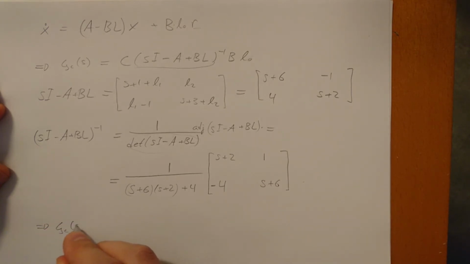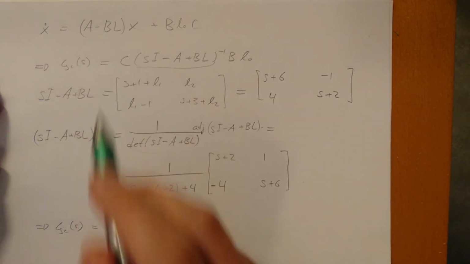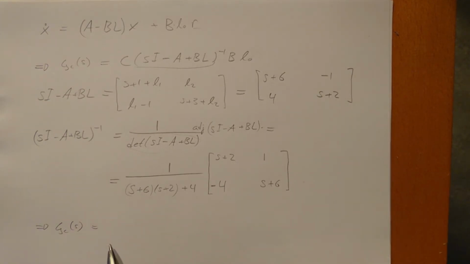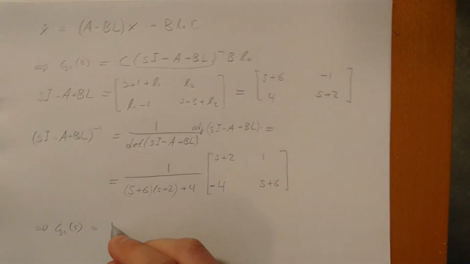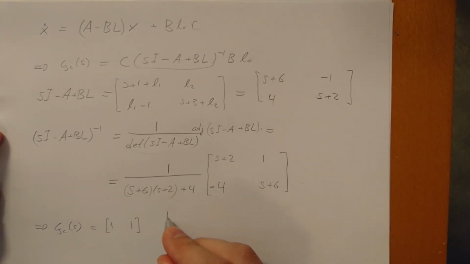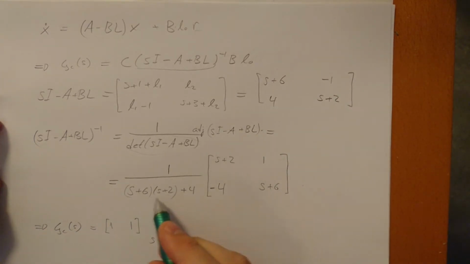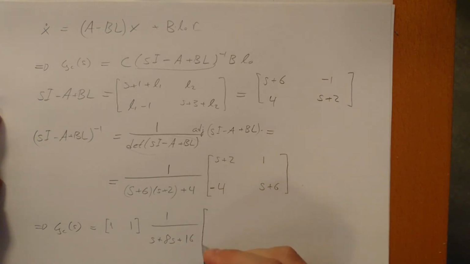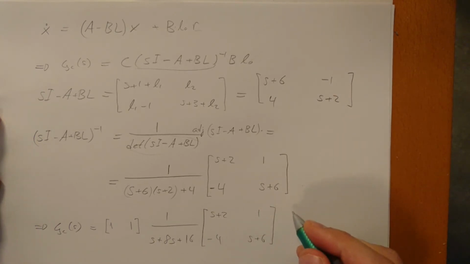So Gc of s becomes C, and C was equal to what? C was equal to 1, 1, times this thing, and of course if we simplify this expression here, we'll get the pole polynomial that we wanted. And here we have the same thing, and then times the B matrix, and the B matrix was equal to 1, 1.